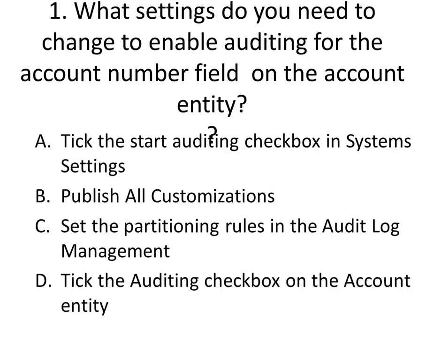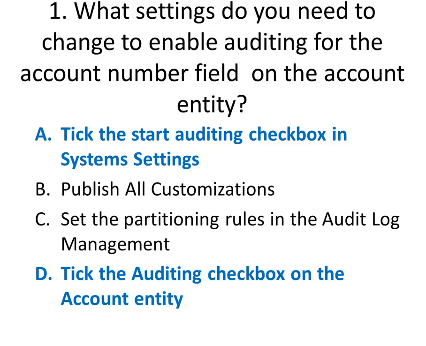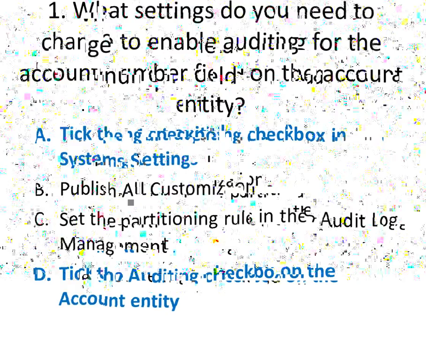The answer is tick the auditing checkbox in system settings. So basically you want to enable auditing, and then you need to tick the auditing checkbox on the account entity. All the applicable fields are set to auditing, and so that will be audited.